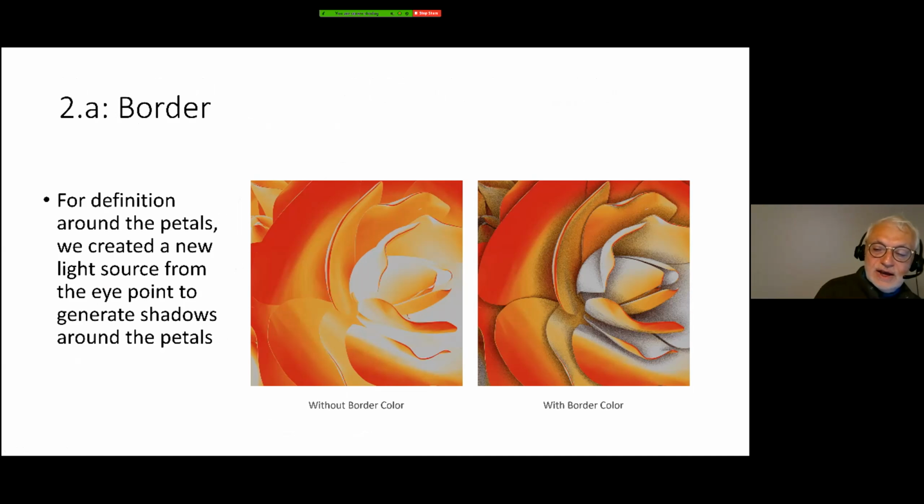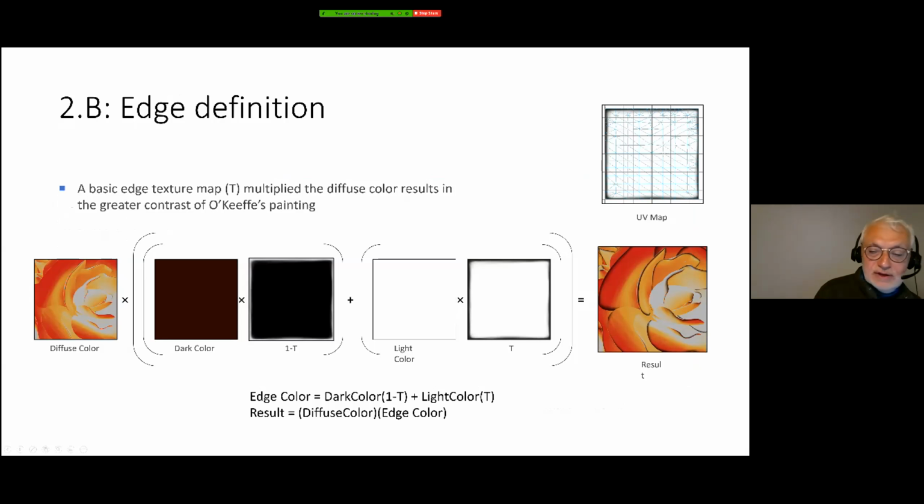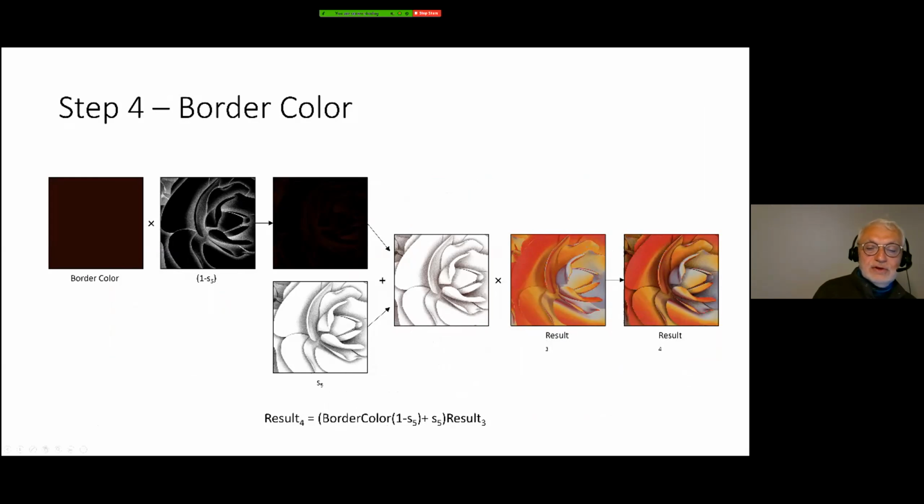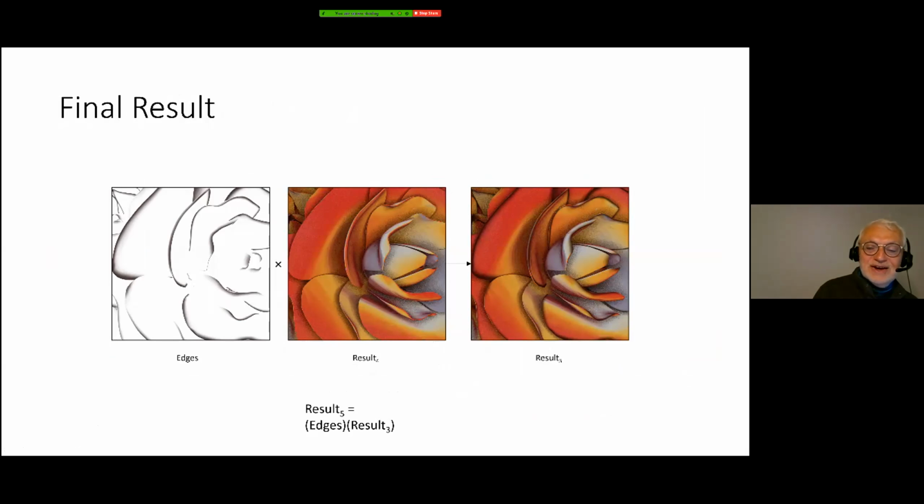That gives exactly the way Georgia O'Keeffe did. We get another formula, just doing it again and again. Let me go through this: this is almost the result, and after all of them finished, we got the final result.